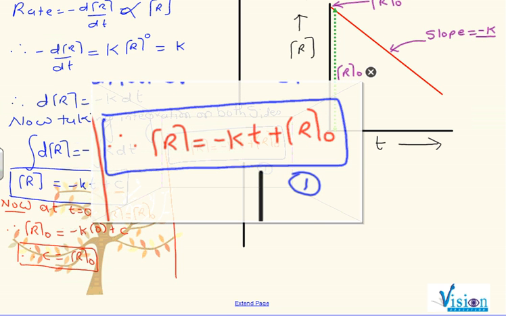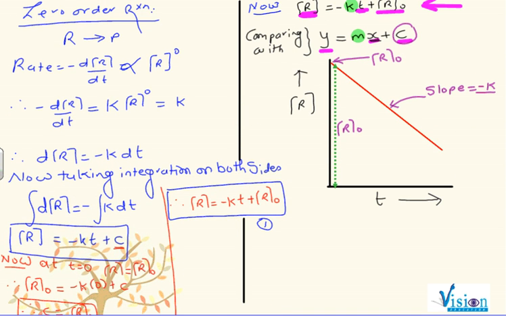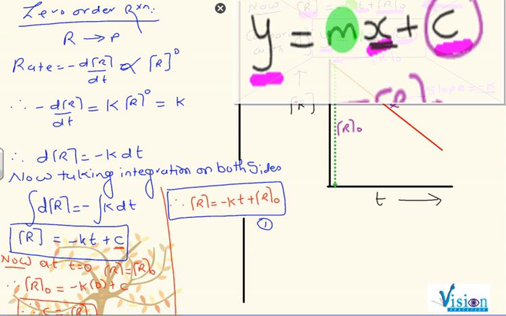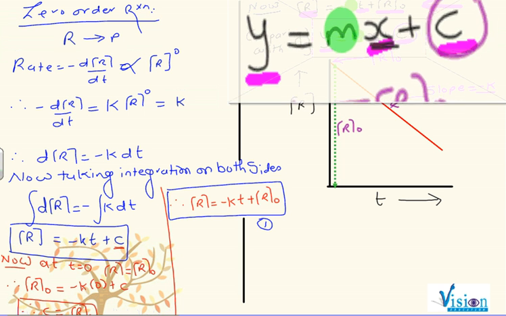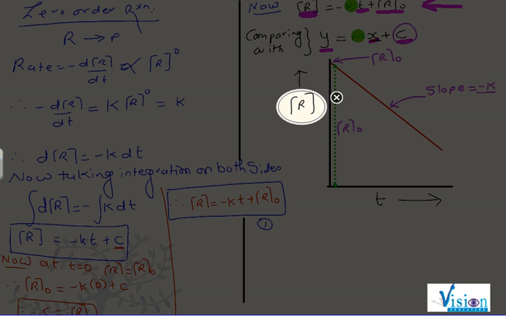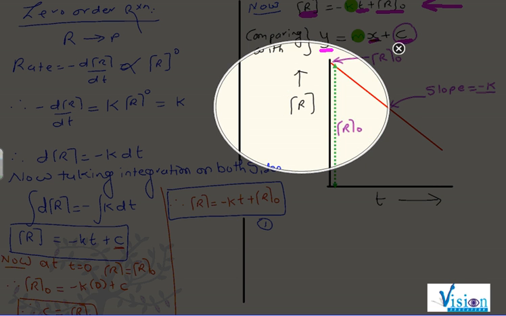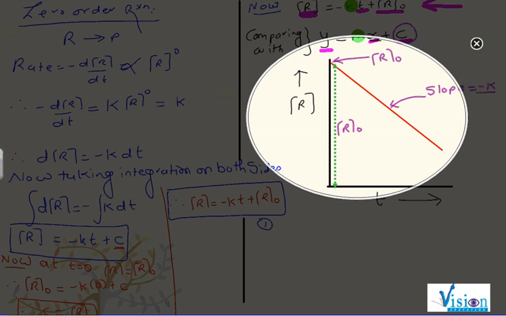Correct or not? And this equation, once we compare with y equals to mx plus c, at that time m represented something else, c represented something else, and this is a linear equation. So if you plot the graph, that means R versus t का ग्राफ प्लॉट किया हमने, then that graph will be like this.